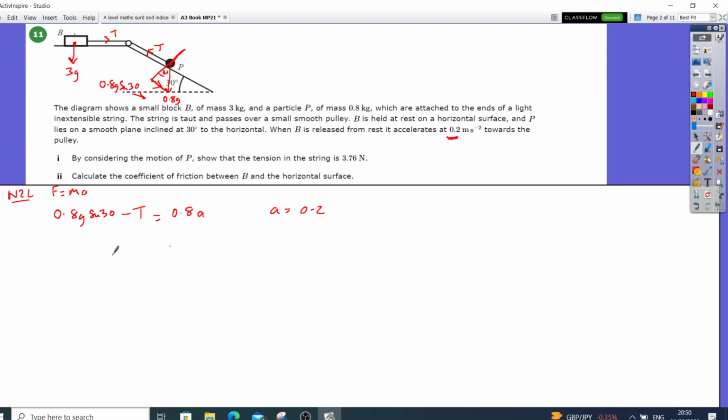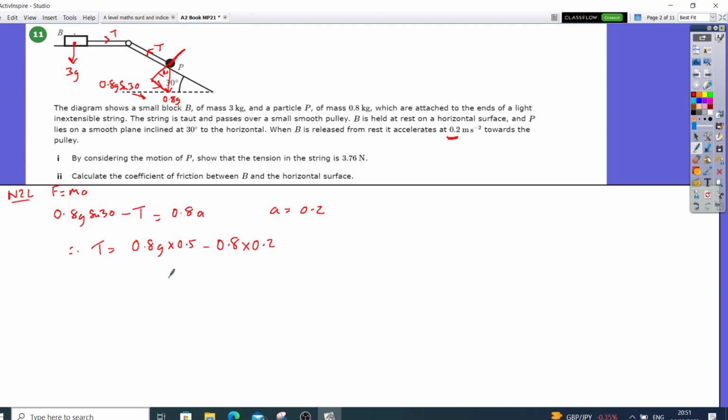So we can work out the tension. If we rearrange this, T will equal 0.8g sine 30, which is the same as a half, minus 0.8 times the acceleration of 0.2.